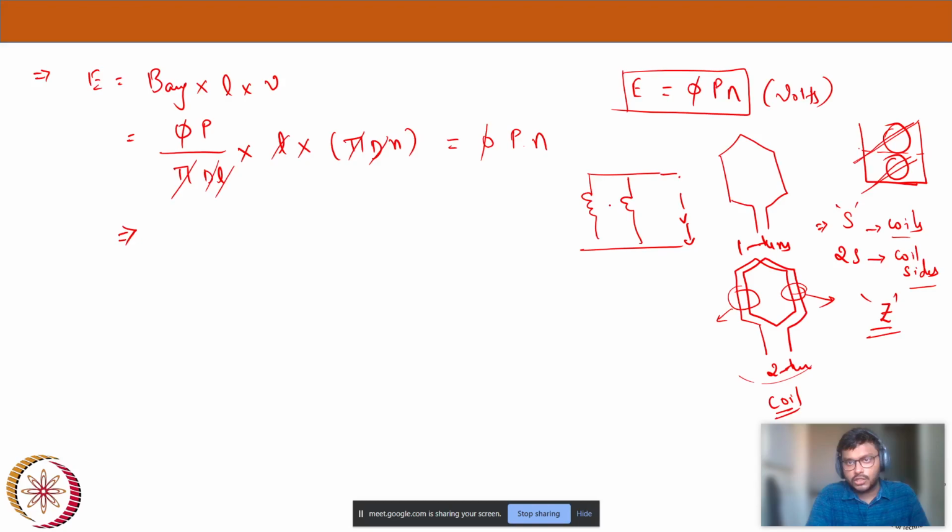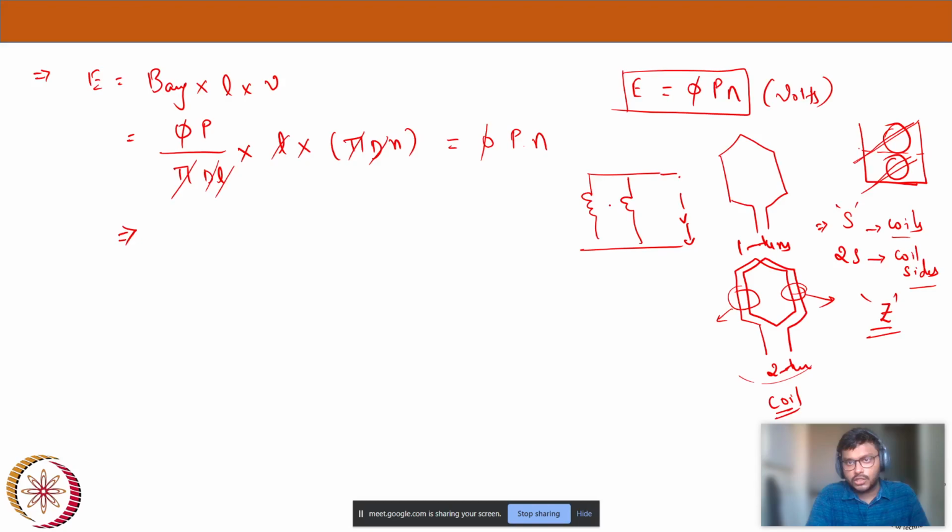Now the final EMF equation will be phi P n multiplied by Z by A. Once the machine is designed, the number of conductors will be constant, the number of parallel paths will be constant, and the number of poles will be constant.